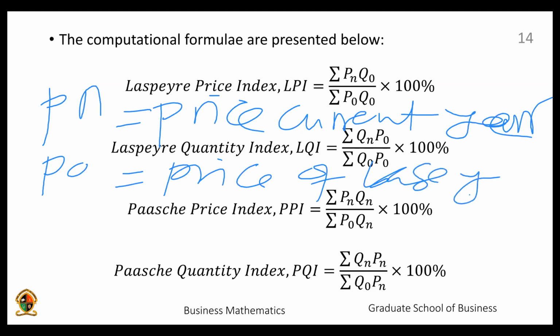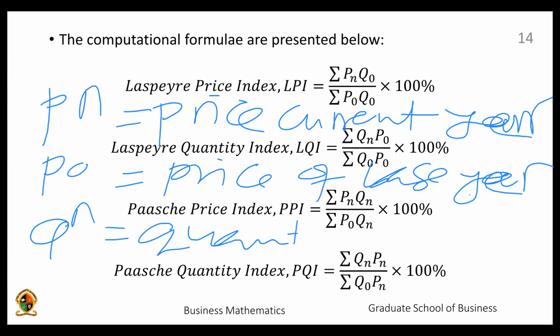The base year is that previous year, just some year in the past, in short. Then QN is the quantity in the current year.